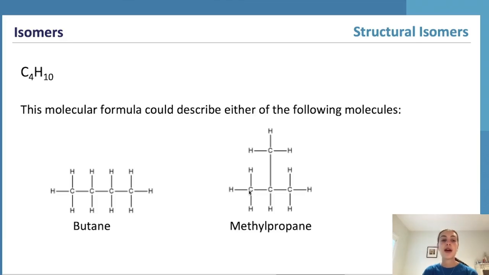And obviously, as we have the same number of carbons and they're all single bonds in both molecules, we're going to have the same number of hydrogens as well. And so with C4H10, without saying that it's specifically butane or methyl propane, we're unable to know what the particular molecule would actually look like with its arrangement of atoms due to bonding. So C4H10 could either be butane or methyl propane.